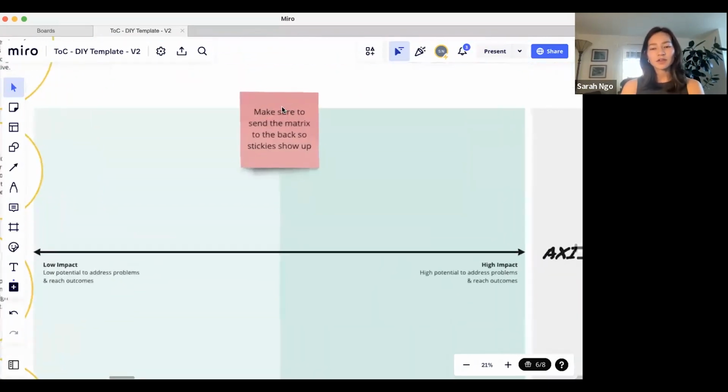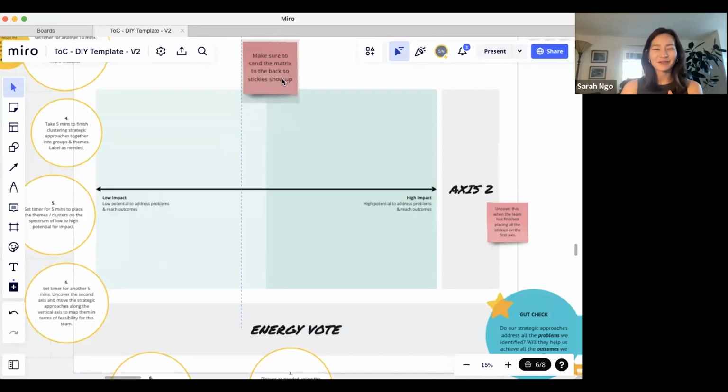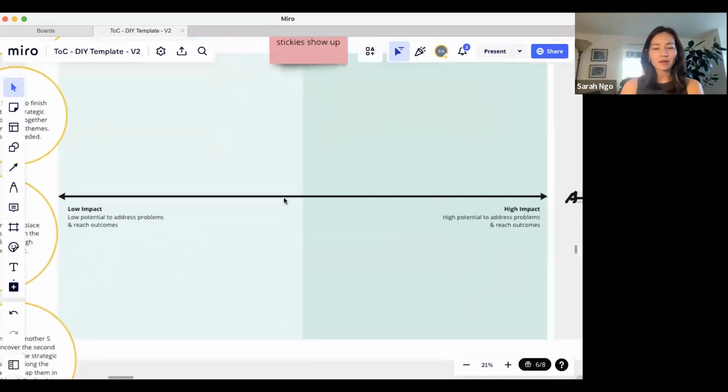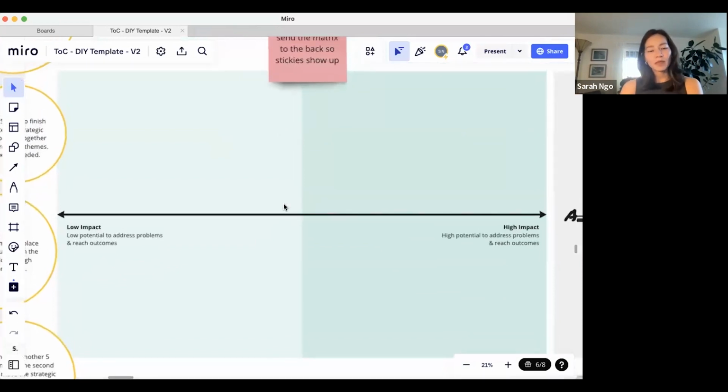This is actually a 2-part matrix, but we suggest that you do it in 2 stages because it can be very difficult to map things on a 2x2 axis without thinking about both axes at once. So to simplify things, first, we recommend that you think about the potential impact of the strategic approach that you've identified.